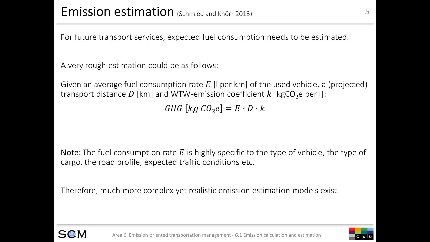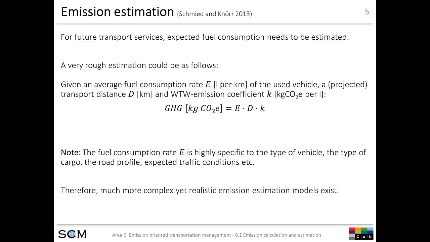Of course, this fuel consumption rate E is highly specific on various properties of the transport process. What type of vehicle do we use? What is the type of cargo? How heavy is it? Is the vehicle almost empty or is it almost fully loaded? What is the road profile? Is it uphills? Is it downhills? Is it in flat terrain? And so on.